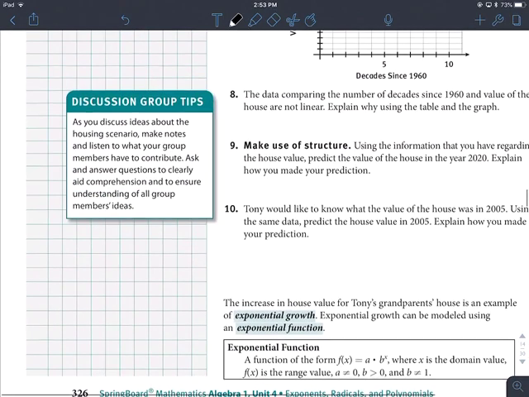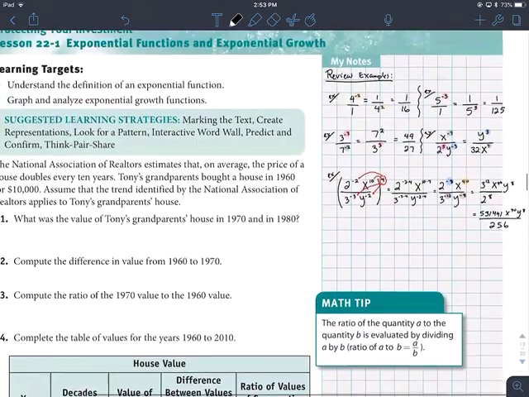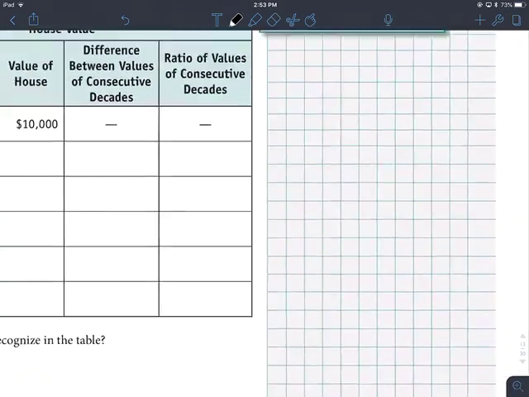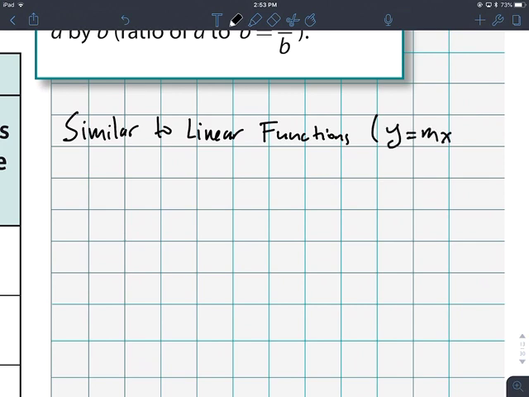So I guess I can continue that here. Similar to linear functions, and I put it right here, guys, I'm going to use the slope intercept form, y equals mx plus b.